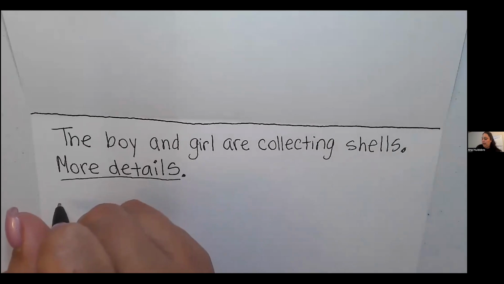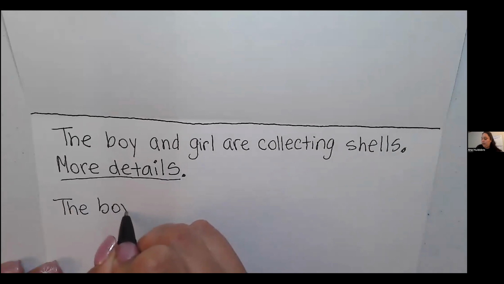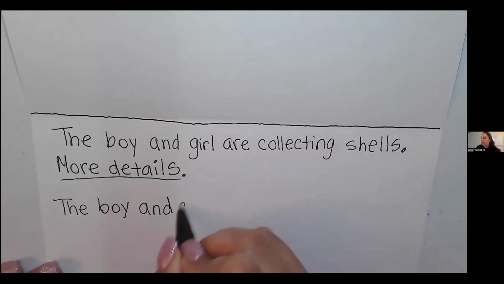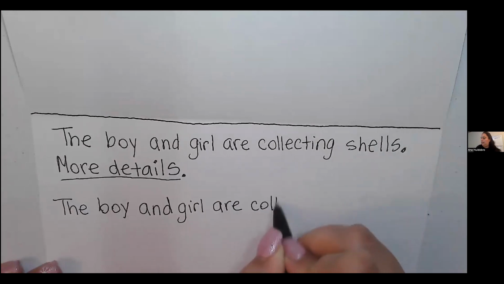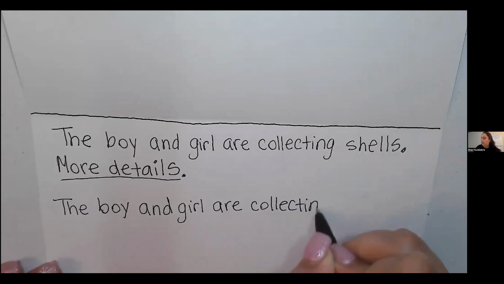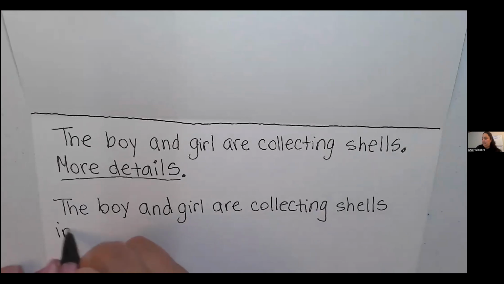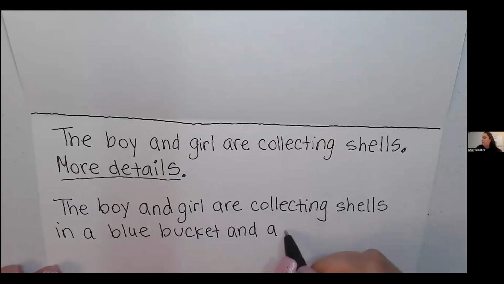So I'm going to go ahead and write, this is mine. I do not want you to copy mine. Okay, the boy and girl are collecting shells in a blue bucket and a red one.